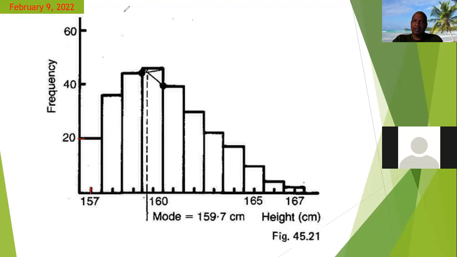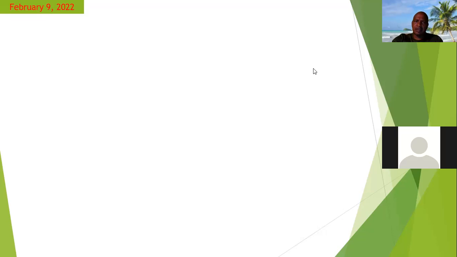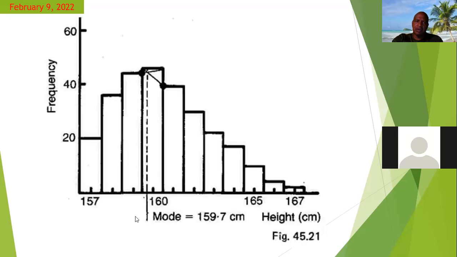And so if we go back to the table, 158 would correspond to 36. If we go back to the diagram now, we know that the second rectangle here would be 158.